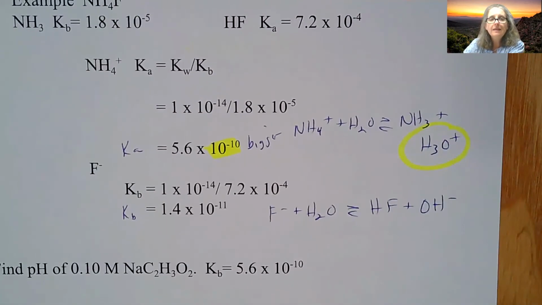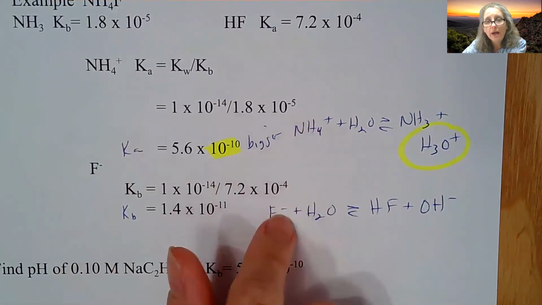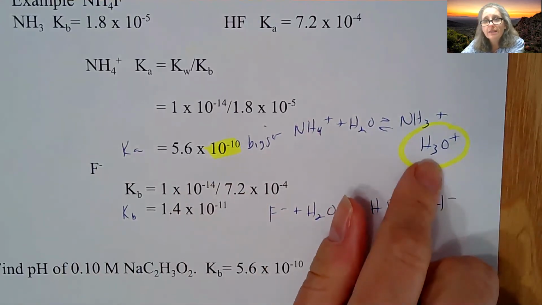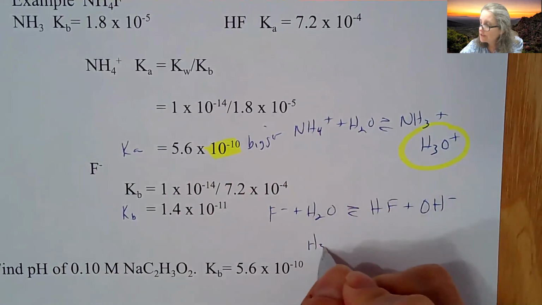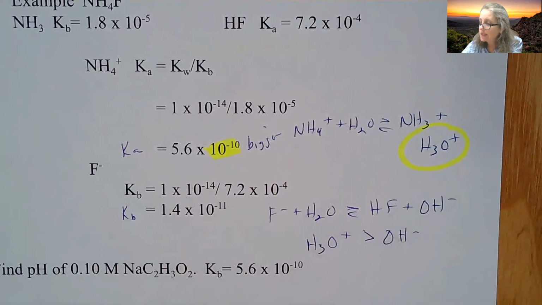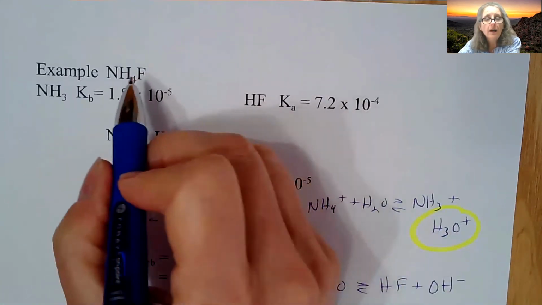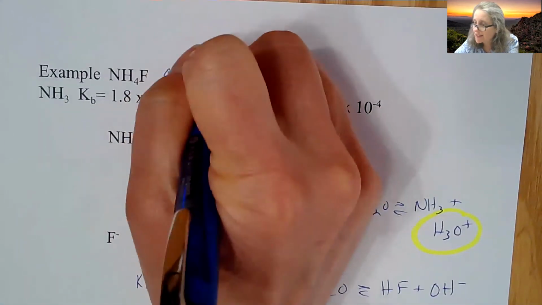It doesn't mean the other equilibrium doesn't take place, because both of these do happen. They're both in water. They're both going to do this. But you're going to have more H3O plus than you do OH minus. So that is why this particular salt, if I were to dissolve it in water, is going to be considered acidic.